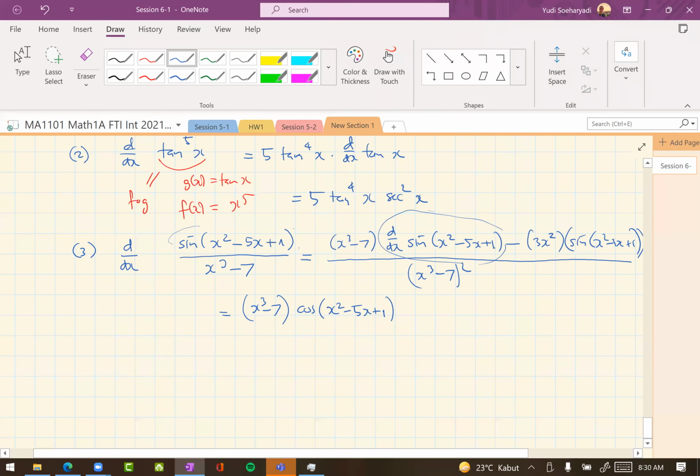This is the angle, times the derivative of the angle, which is 2x minus 5. Then sine of x squared minus 5x plus 1.